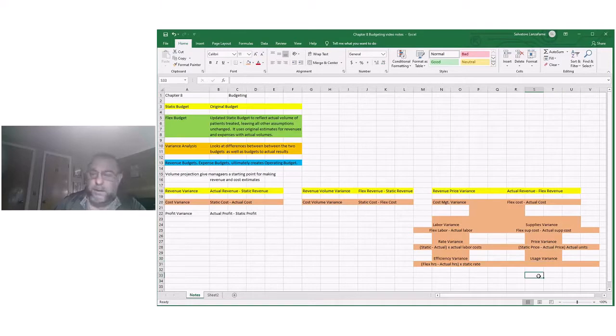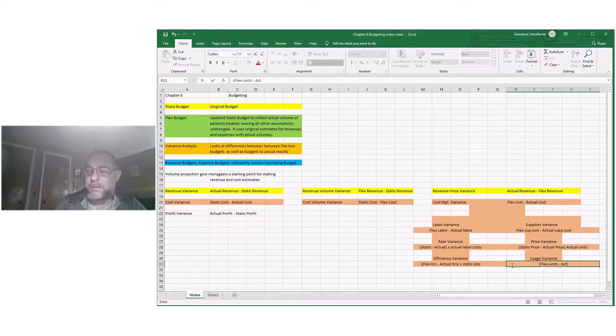And for the usage variance, you would take your flex units and you would subtract out your actual.